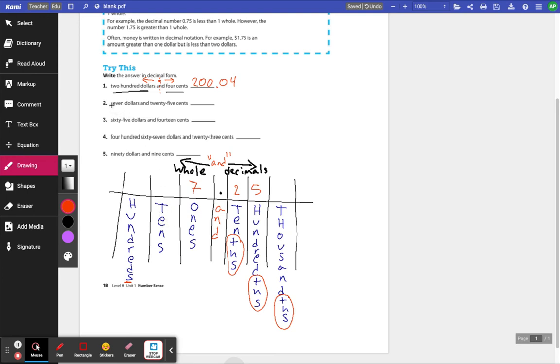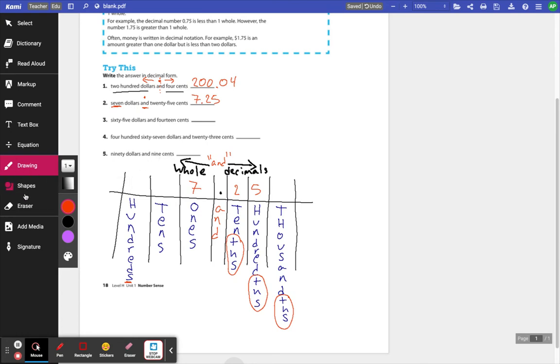But because this number right here was 10 or less, right? It wasn't 10 exactly. It wasn't more than 10. It was 10 or less. We know that it should go in the 1 spot. So $7 and, decimal here, 25 cents.